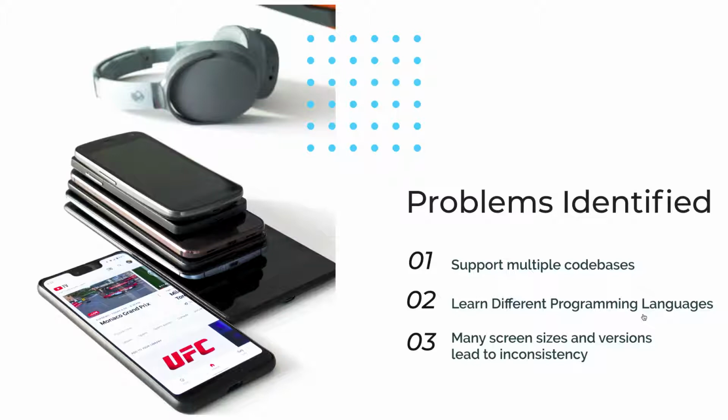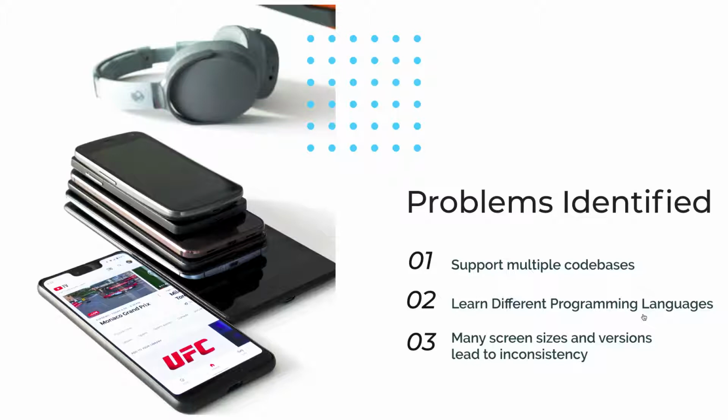So this is a problem that many people have faced. If you want to support multiple operating systems and devices, then it means that you have to support multiple code bases. You're going to have one for Android and a separate one for iOS. Secondly, you also have to learn different programming languages.